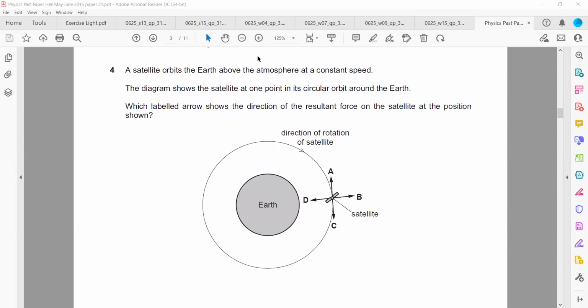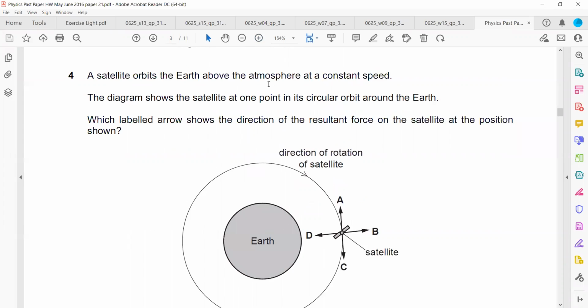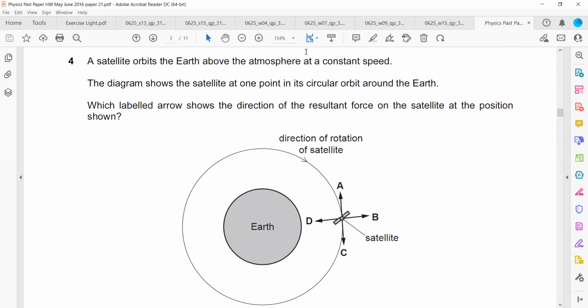In question 3, a satellite orbits the earth above the atmosphere at a constant speed. Whenever an object is moving in a circular path, what should be the direction of the force? The resultant force should be there, and it is always directed towards the center. So anything which is moving in a circular path, there should be a resultant force which is directed towards the center. If there is no resultant force towards the center, the object can never move in a circular or curved path. So which force is directed towards the center?